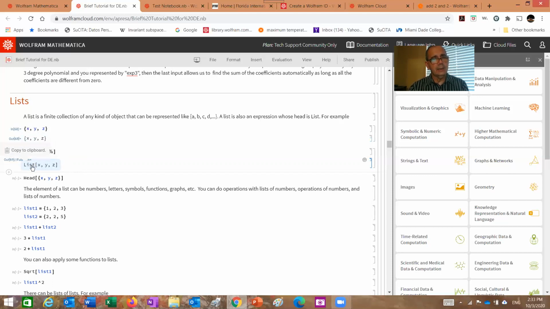And that head doesn't indicate that you do anything with the x, the y, and the z. For example, when the head is Times, you know that you multiply x times y times z. In this case, List indicates that you don't do anything with the x, the y, and the z, but you consider them in a certain order, and you don't change the order at any moment.